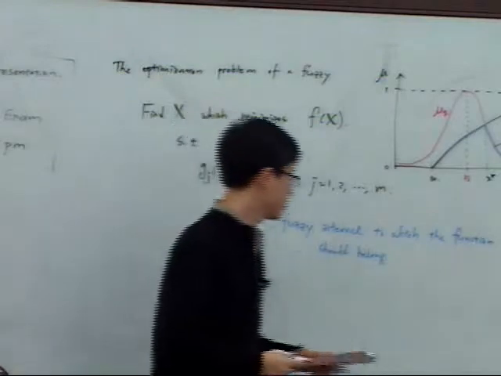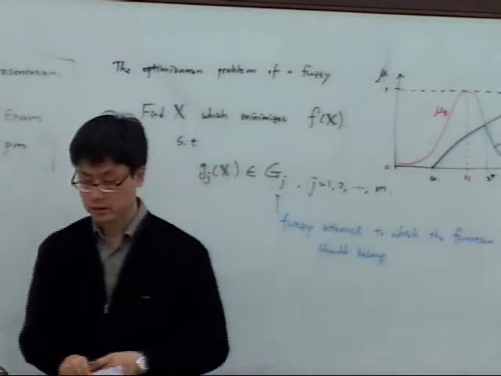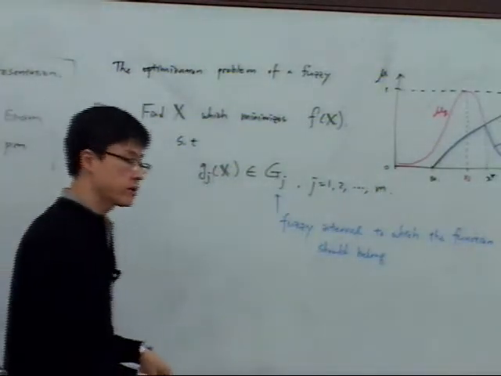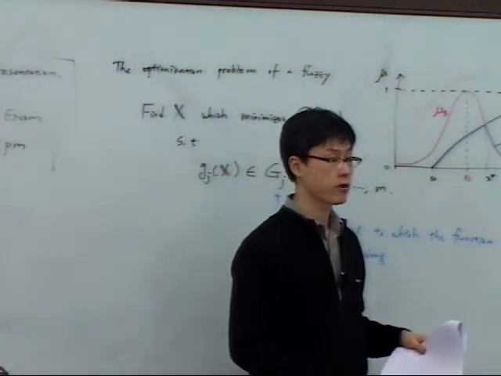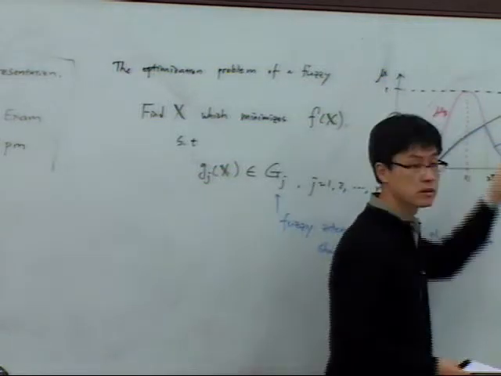You know, all this objective function and constraint should first be transformed into the fuzzy set or fuzzy membership function like this.